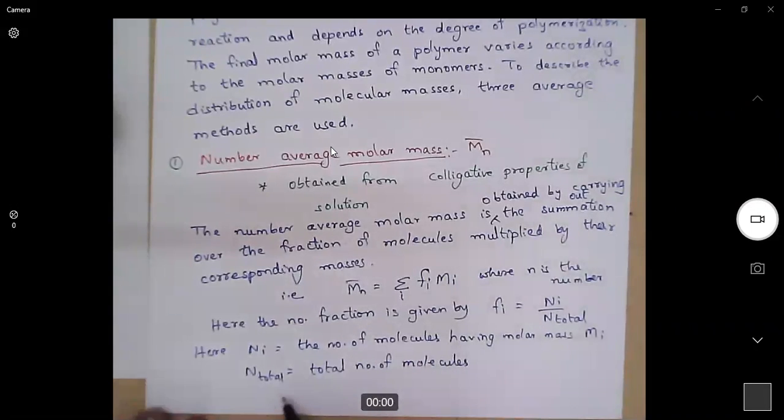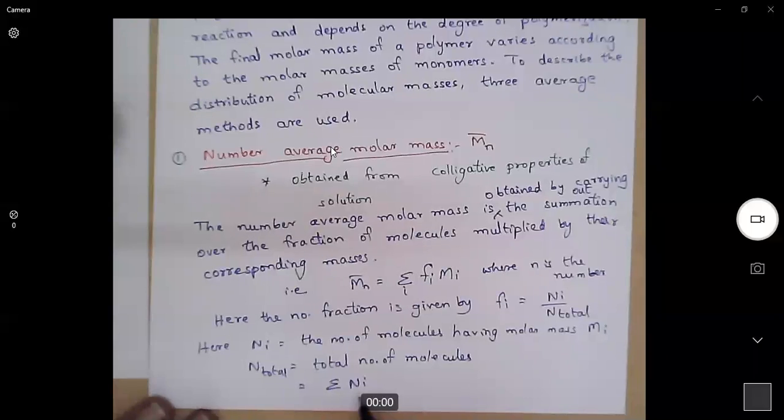And this can be obtained by taking sigma Ni over i. Ni is the number of molecules with molecular mass Mi. So like that, we have number of molecules Nj with molecular mass Mj, number of molecules Nx, molar mass Mx. So when we take the total number, it can be written as sigma Ni over i.